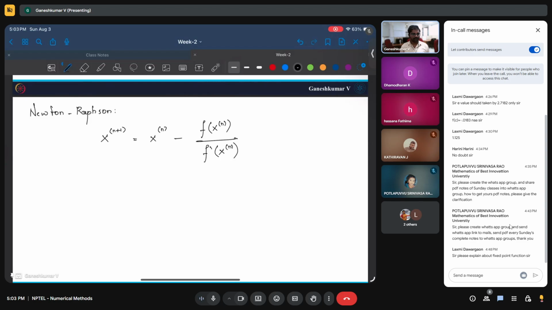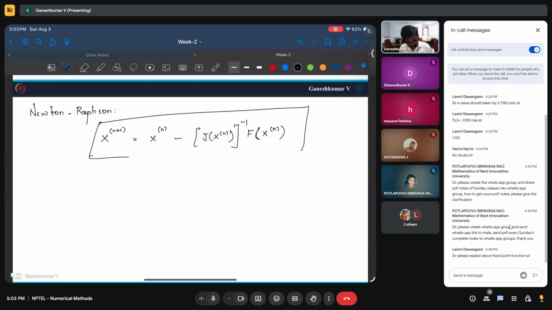In general, that's how we write the Newton-Raphson method. But since this is a matrix, this becomes a Jacobian inverse, and since it's a vector, you will write this as capital F of x of n. This is your Newton-Raphson iterative function. You just apply it every time.